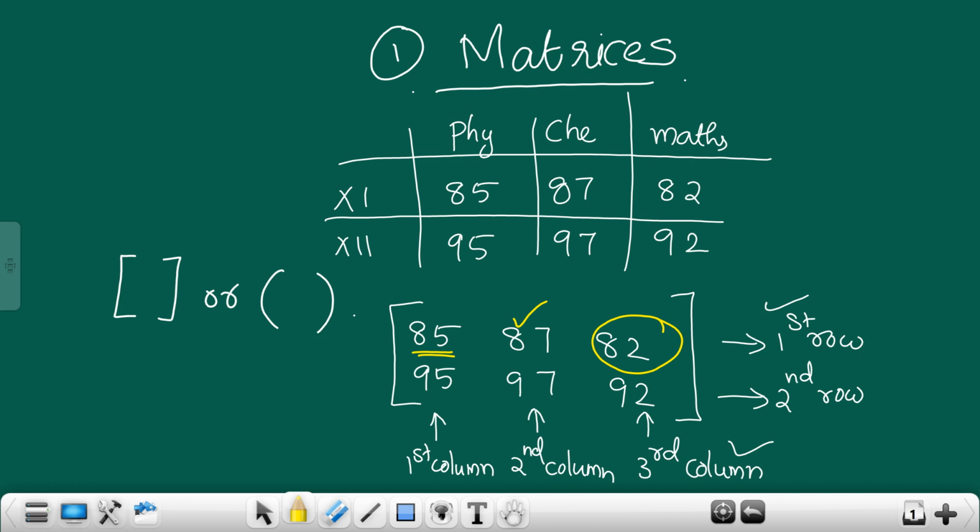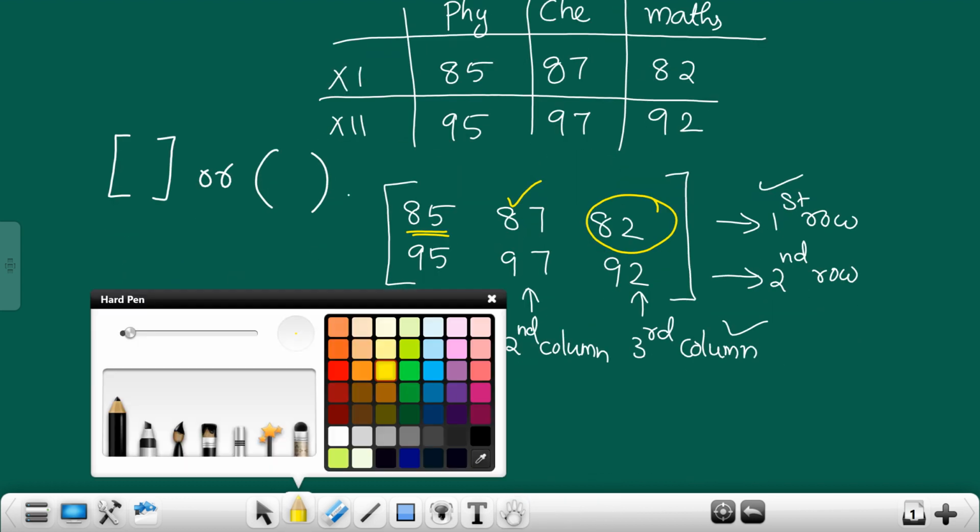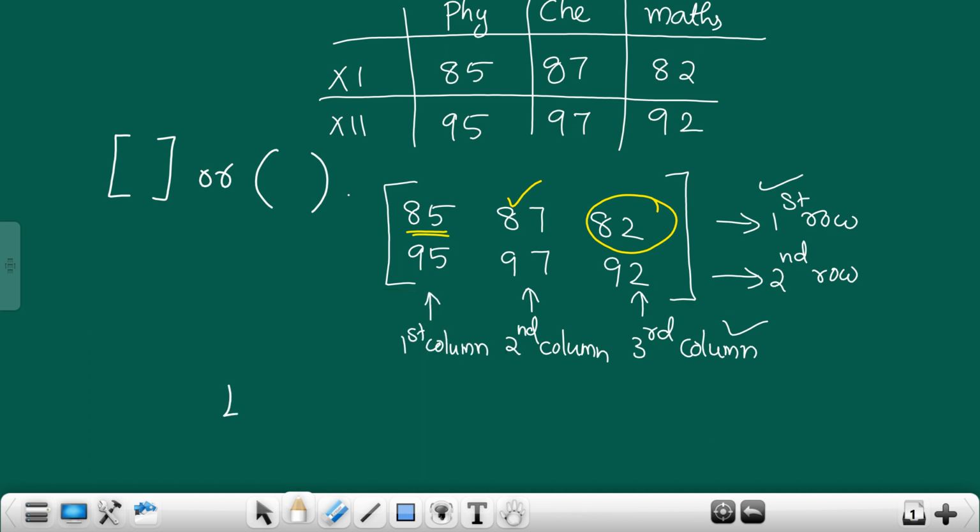The numbers or functions in a matrix are called the elements of a matrix or entries in the matrix.